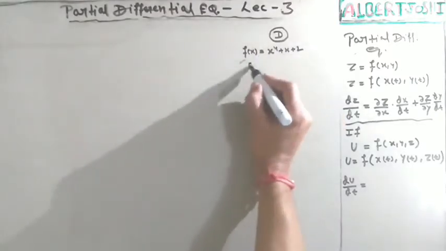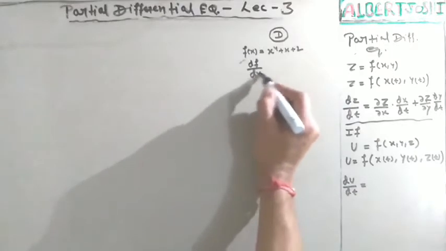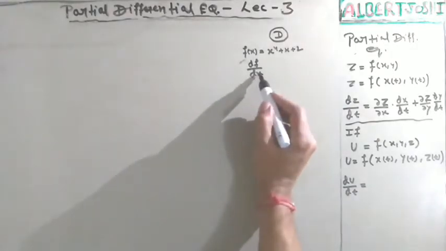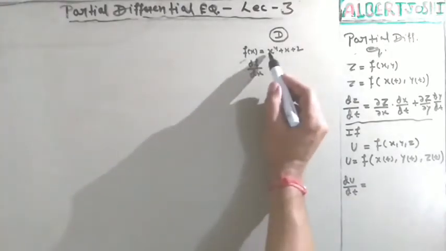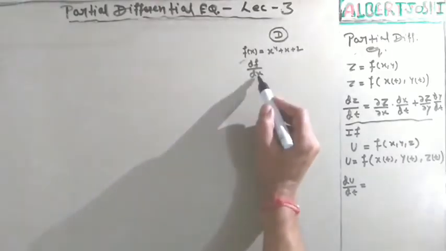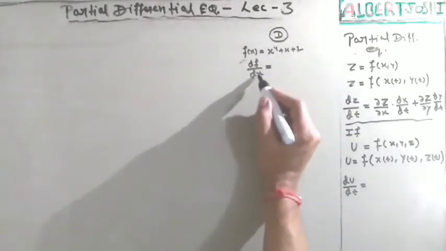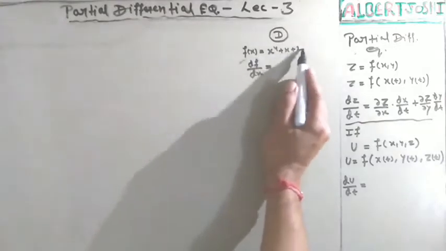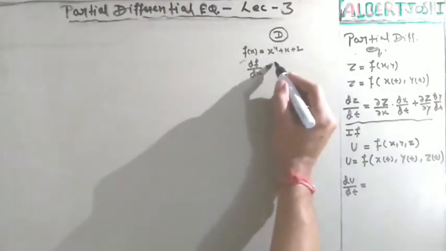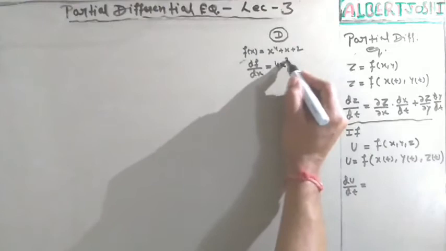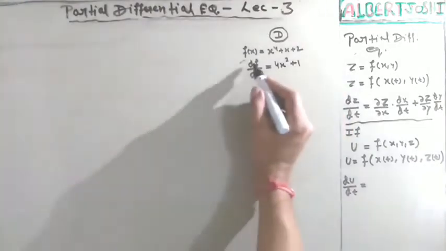You differentiate df upon dx. You can differentiate only with respect to x if this variable is available here. You cannot differentiate with respect to y because there is no y. So in this condition you will differentiate like this. This is how to differentiate.